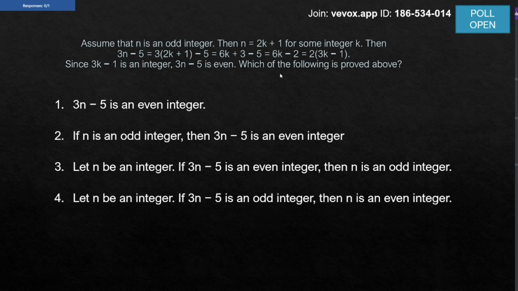So if we take 3n minus 5 to be an even integer, what would that even mean? That would mean that we can write this as 3n minus 5 equals 2 times something. And from that, we would have to infer that n itself is an even integer. And we have not done so.